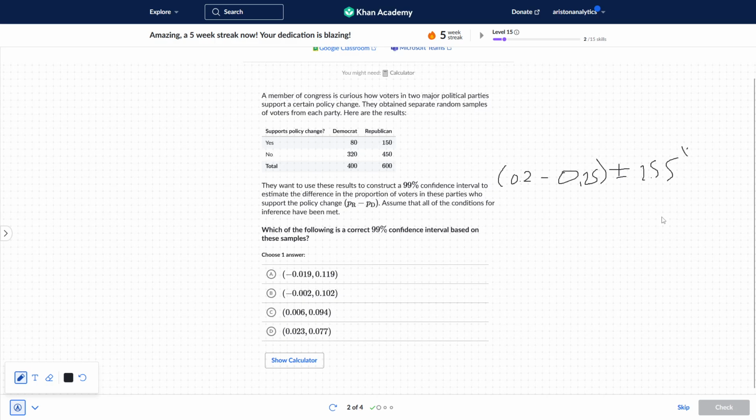This needs to be multiplied to square root, something like this.